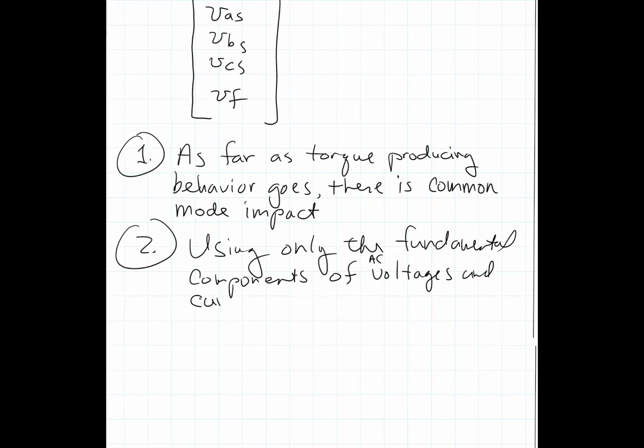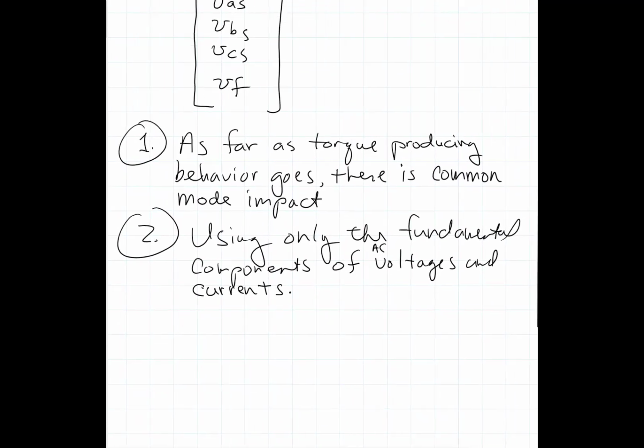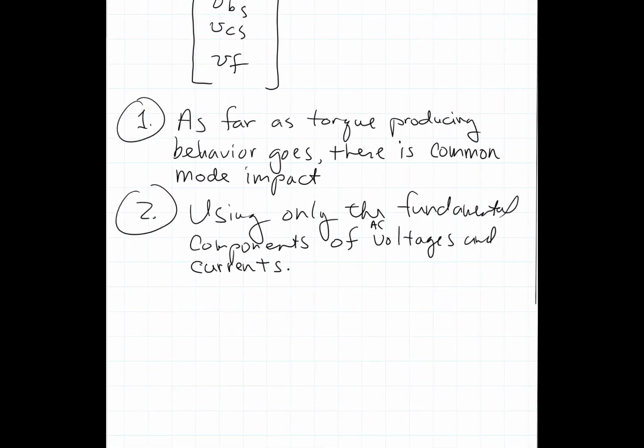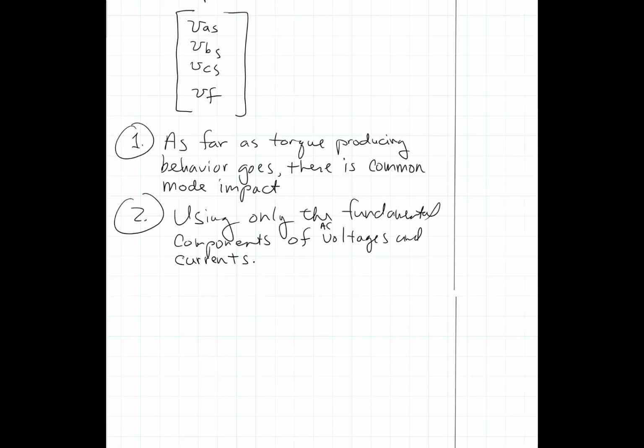So any high frequency and any harmonics that we are producing by our power electronics, we're ignoring that. And our goal is to basically average out to produce average AC voltages to give us average AC currents.